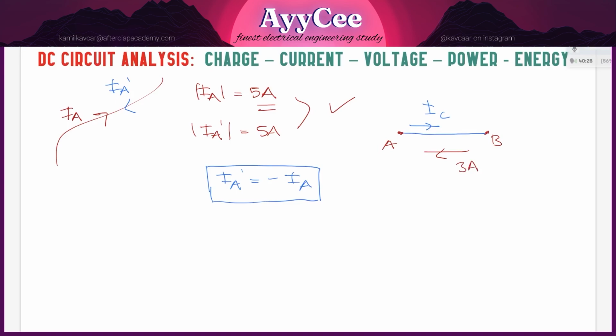So in that case, as an answer, you don't say IC is equal to 3 amperes, but you would say IC is equal to minus 3 amperes. This is the current that I find out, which is flowing from B to A. However, IC is not in that direction as polarity, so that's going to be minus 3 amperes. Hope what I have said right now makes perfect sense, but if it doesn't, do not worry, because we're going to come to that one later. I just wanted you to have a quick impression on that topic.